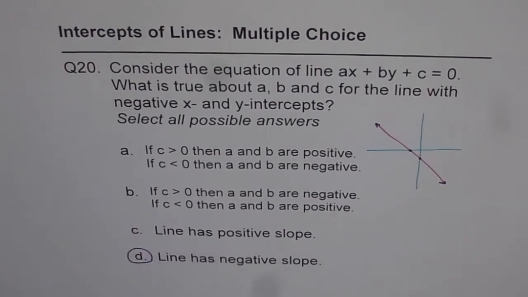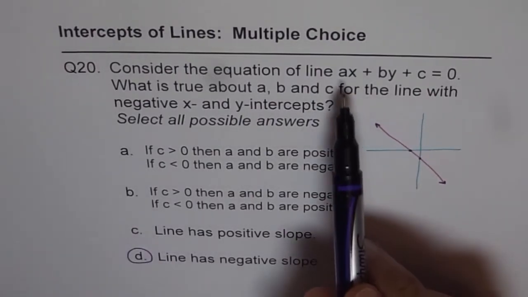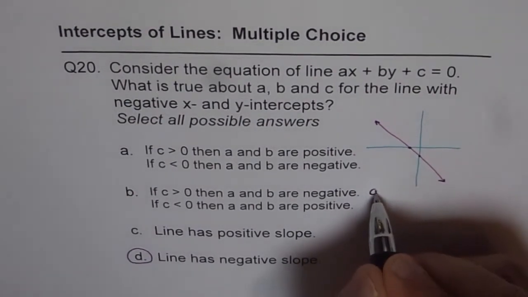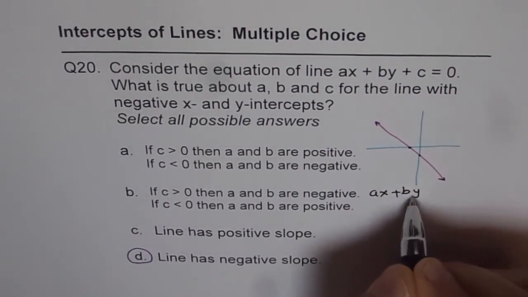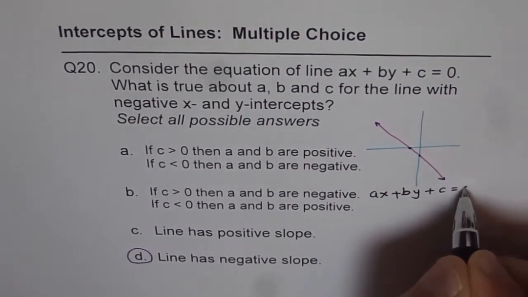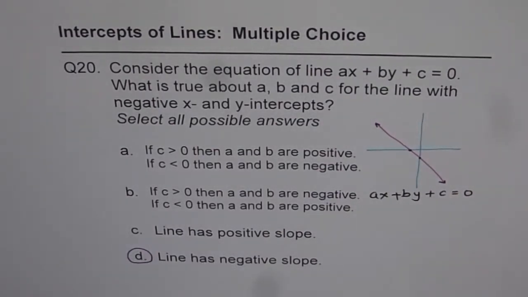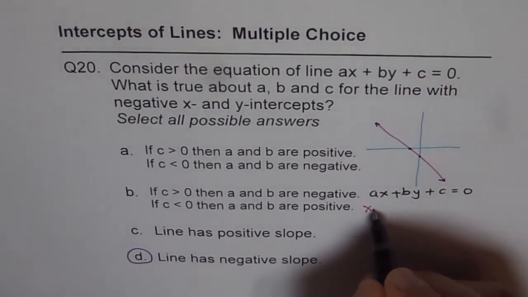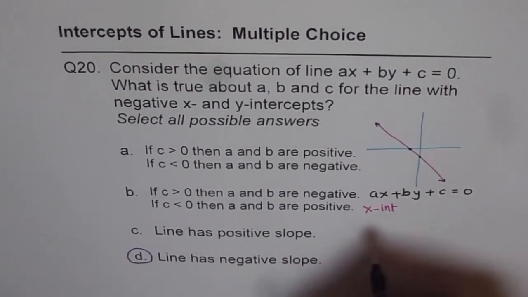Now the first two questions relates with the coefficients a, b and c. Let's try to figure out how are these coefficients related. So I'll start with the basic equation, which is the standard form of the line, that is ax plus by plus c equals to 0. And then figure out what are the x and y intercepts. So let me just calculate what is x-intercept.